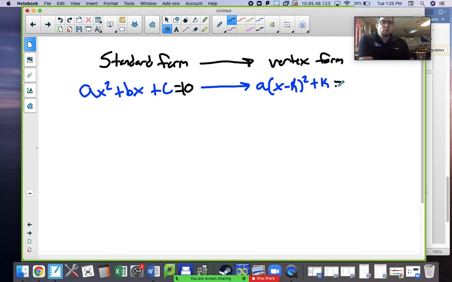While vertex form, regardless of what you set it equal to, 0, 10, 100, 90, I'm only adding those just because it kind of works with the numbers, you solve it the exact same way to get x. Well, this one, every single number changes the entirety of the equation. You factor it completely differently depending on these numbers right here. So vertex form can be a lot easier to solve, given that vertex form might be an easier equation.